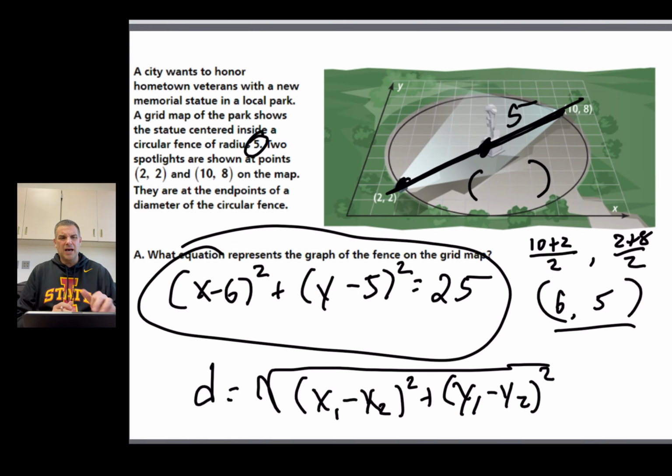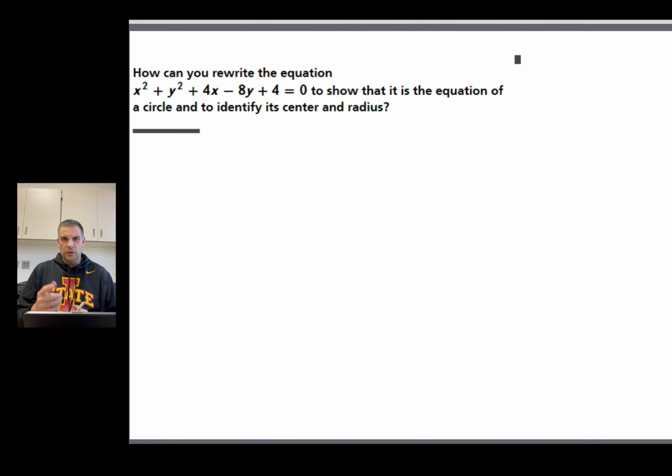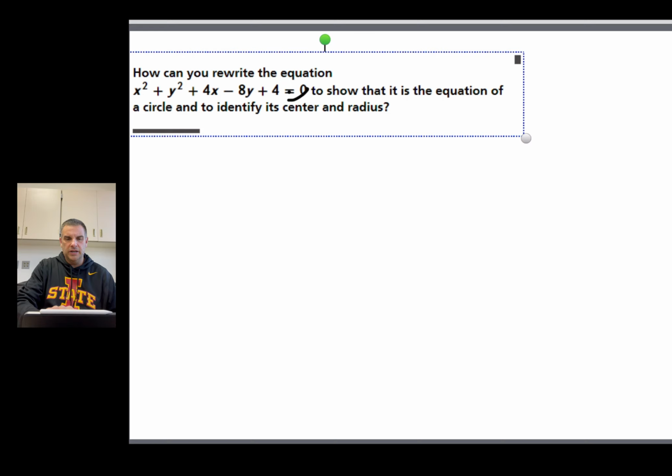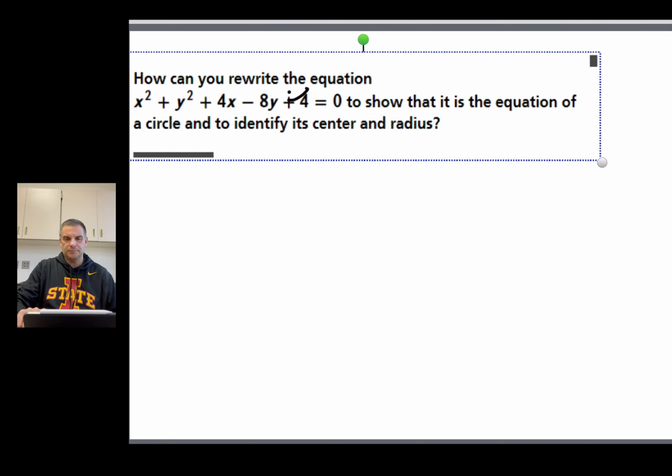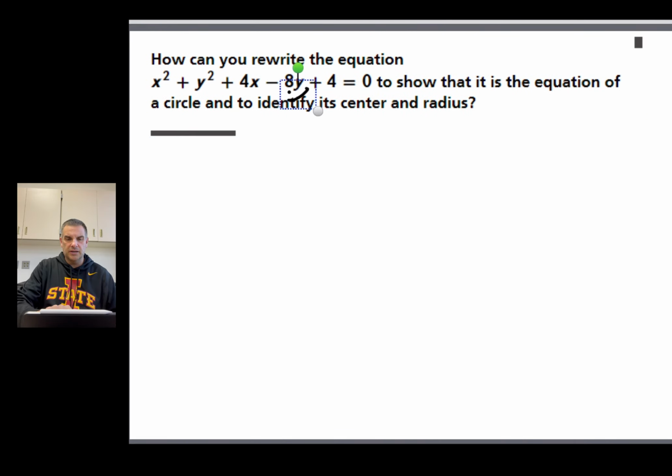Really not too bad. The second part is just like the other day when we were working with parabolas. How do we go about writing the equation for this? Here's our original problem.